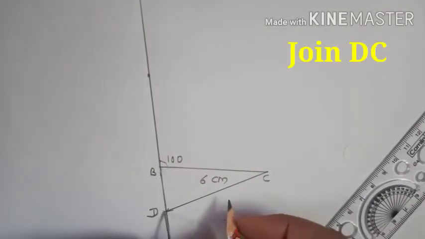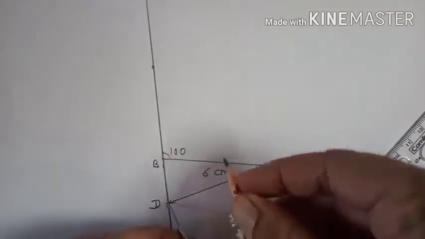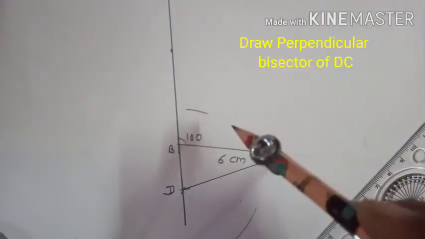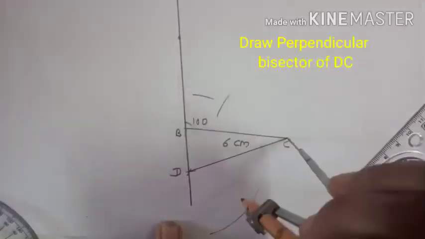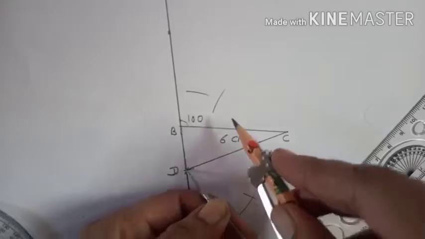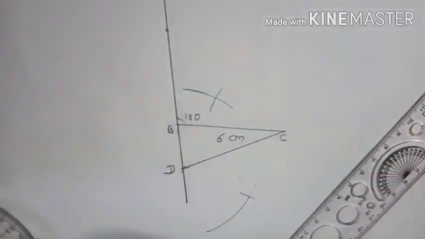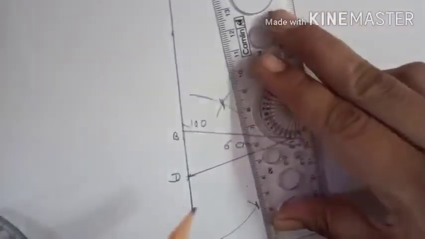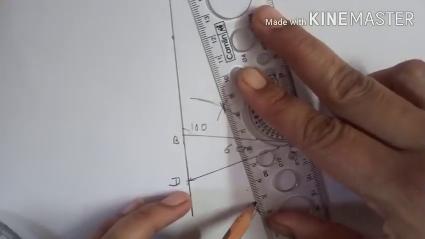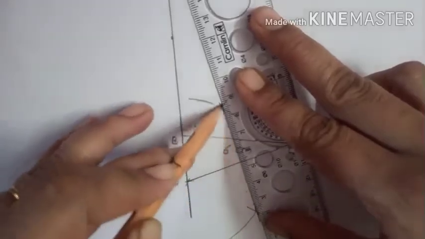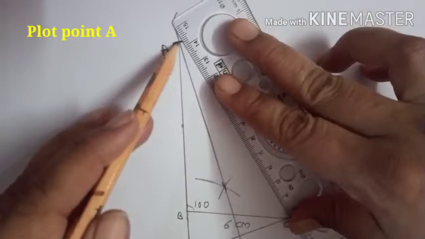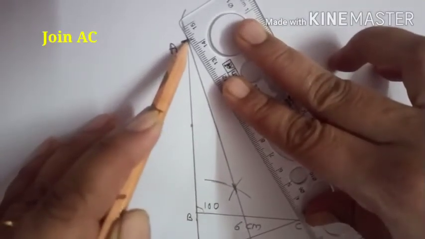Now to get the point A, we have to draw the perpendicular bisector of DC. So take more than half the measurement and make the arcs above and below DC from point D and C. Join the intersection of both the arcs. The intersection point of the perpendicular bisector of DC and ray DB is point A. Now join AC.